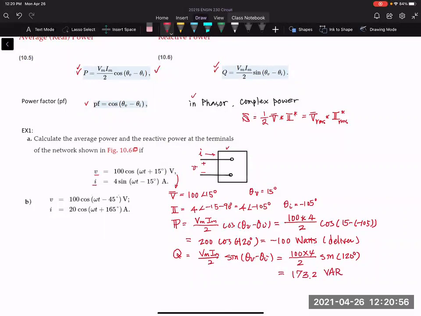Var. So 173.2 var. That is the reactive power Q. Now this is positive, right? Meaning it is going to take the power, it is going to consume the power. If we ask you, what is the power factor for this circuit? The power factor is the cosine of theta V minus theta I. So that would be cosine 120 degrees. And this one will be what?